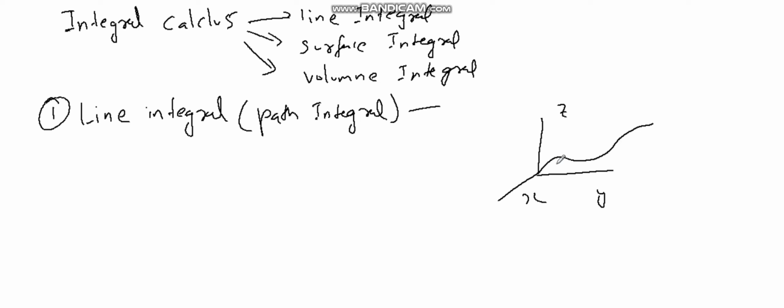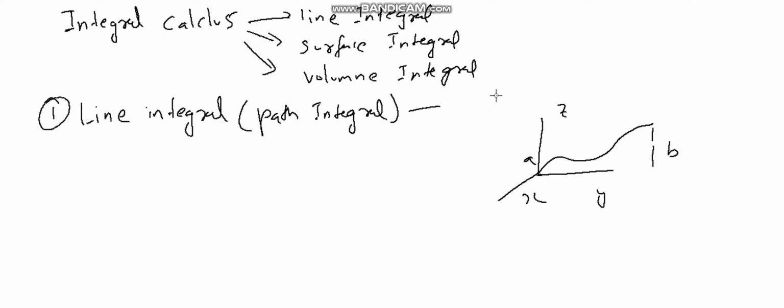Let's say this curve begins at point A and ends at B, and these A and B may be vectors.